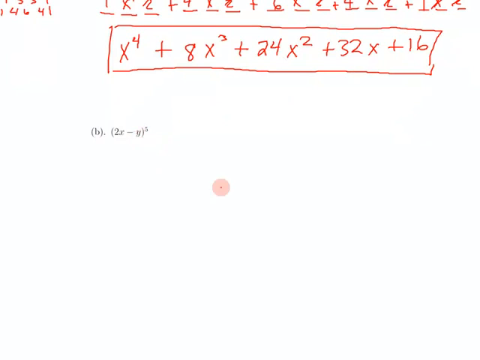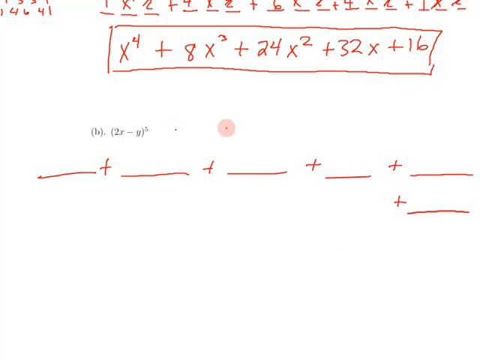Now don't get too excited, but this is the last example of the entire semester. So let's do the exact same thing again. Let's walk through what we get whenever we do our binomial expansion. Now we're going to have 6 terms here, right? So 1, 2, 3, 4, 5. Let's go ahead and put one right there for good measure.